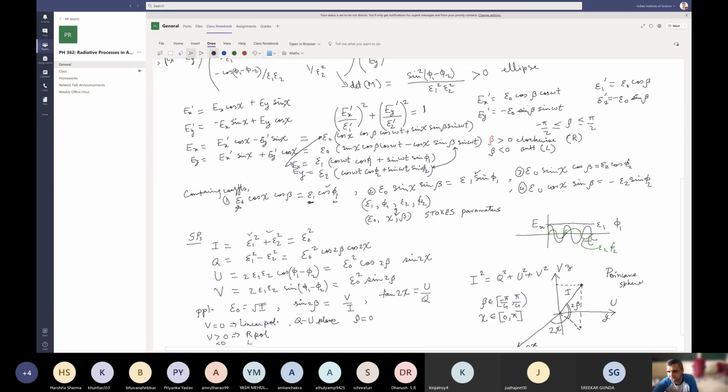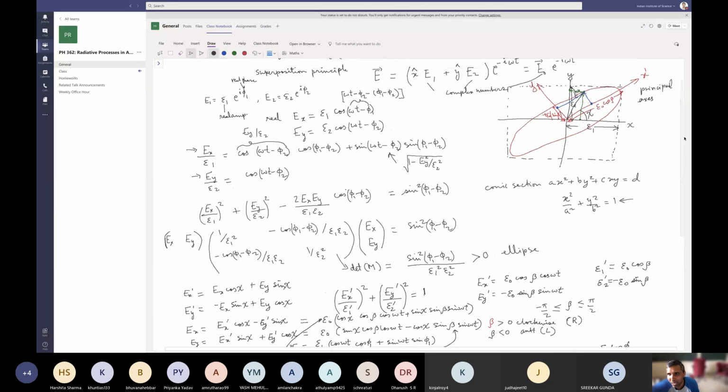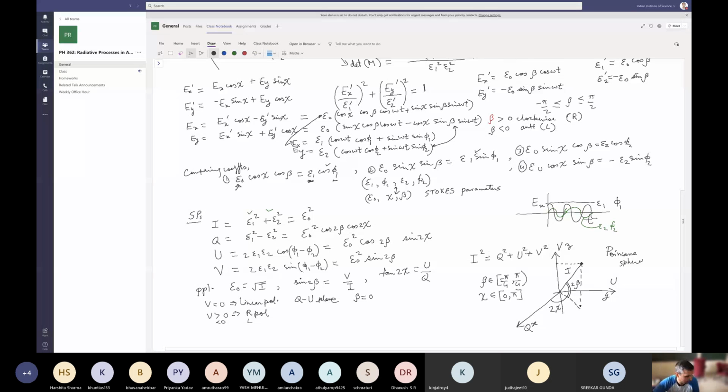Basically, you're looking towards the z-axis. So this is the xy plane, and you are seeing towards the minus z hat direction. The wave traveling in z hat direction is coming towards your eye, and then the sense of polarization is defined by that direction. Okay, so this is R polarization, L polarization.